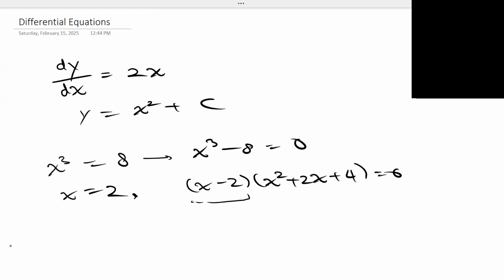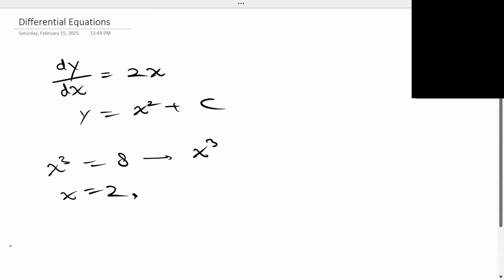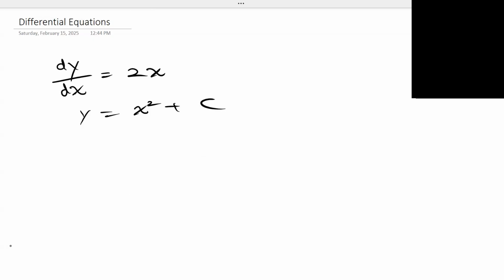So this is one of the solutions, but there are two more solutions to this equation. And so we have higher and higher degree polynomials. An n degree polynomial has n solutions. Now for differential equations, there are an infinite amount of solutions. So that's what the C means.